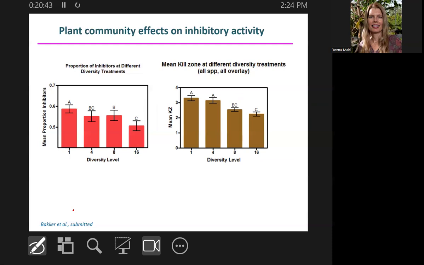How do we force them to be more inhibitory? That's what they need to do for biocontrol of these pathogens that attack crops. And so it looks like monoculture is the way to go. You get better inhibition if it's one species of plant.